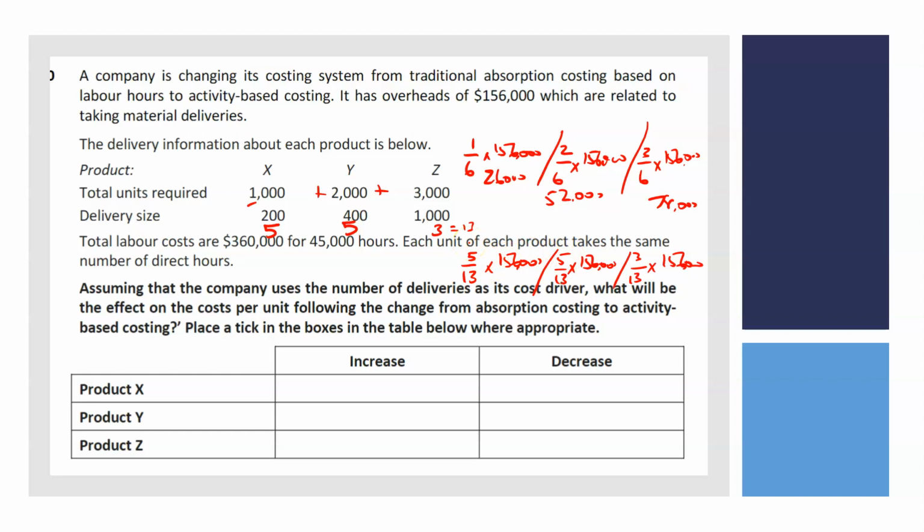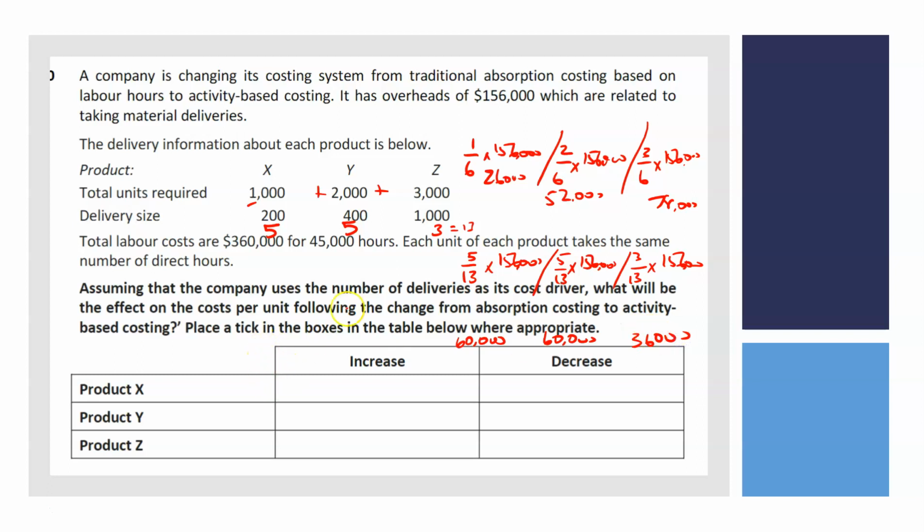Let me go ahead. 5 divided by 13 times 156,000, and here I have 60,000. I'll just write that over here. 60,000. I'll have 60,000 here, and I'll have the difference, which is 36,000 here.